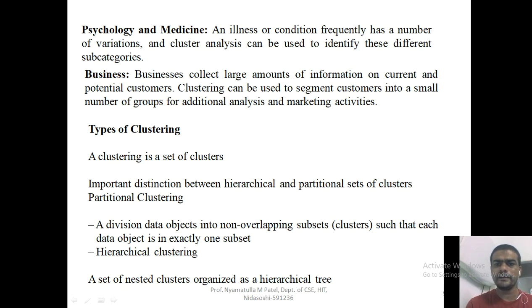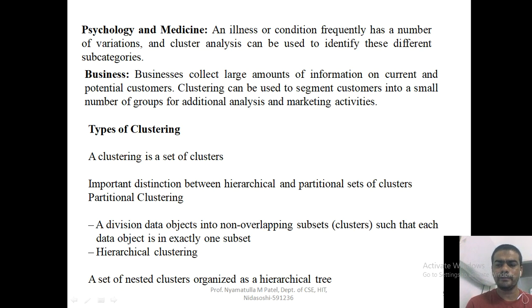There, clustering analysis can be used to segment customers into a small number of groups for additional analysis and marketing activities. So, in order to market a particular product, I need to find out the customers who are in need of that particular product.